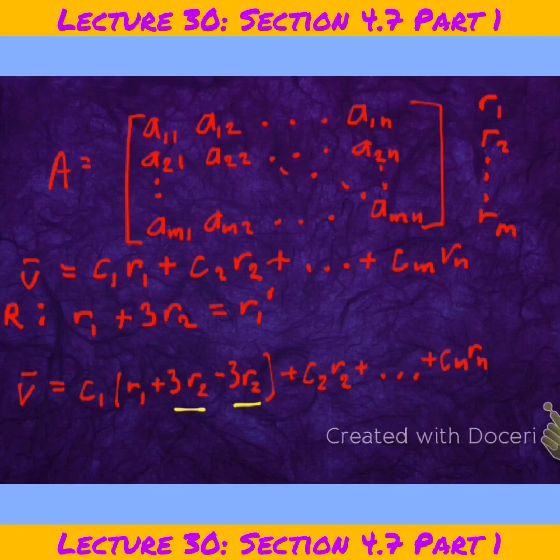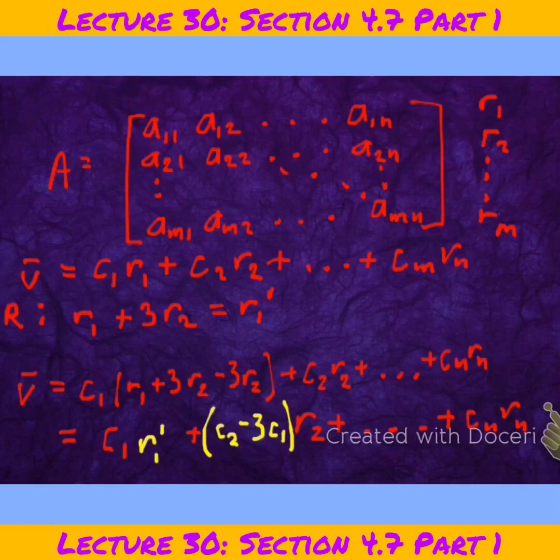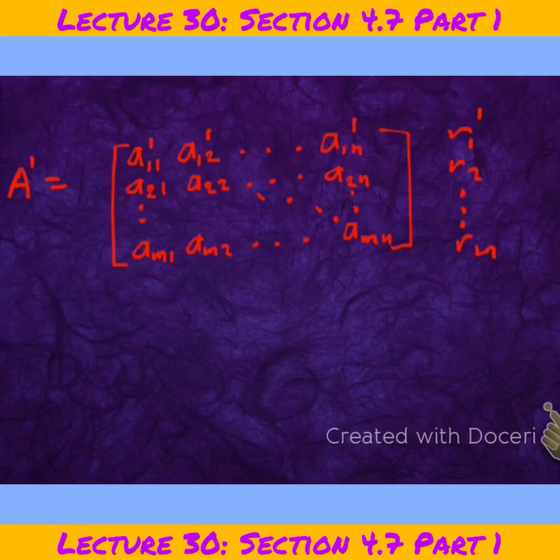Then, regrouping the terms, that term becomes the new row R1 prime, and we keep R2 and all the other rows the same. So this is going to be a new coefficient. Now we go back to this matrix A prime and back to the vector v.